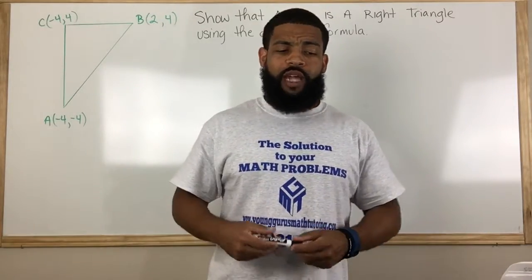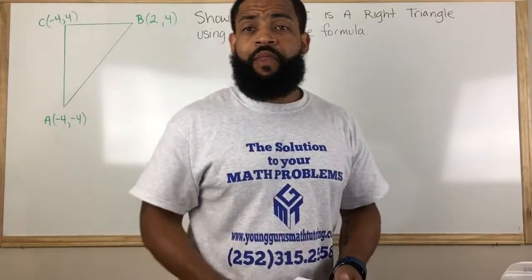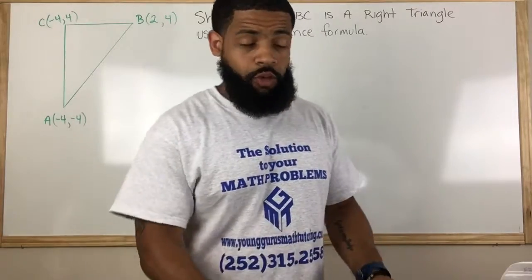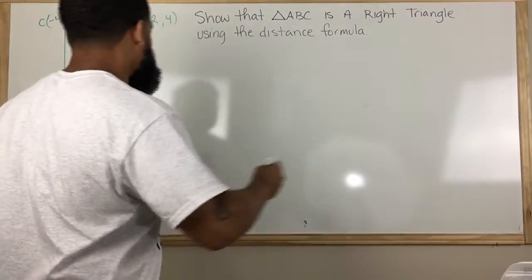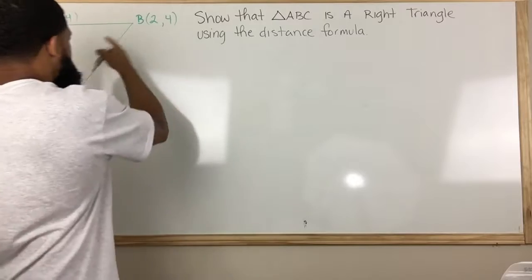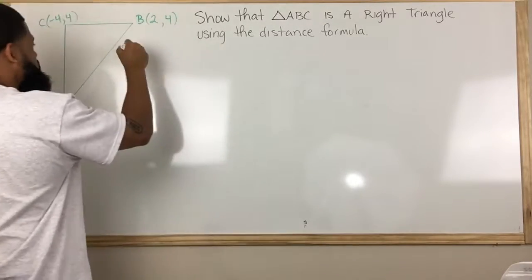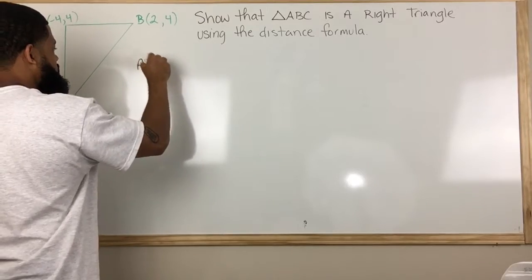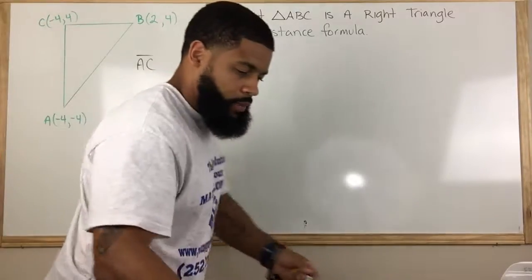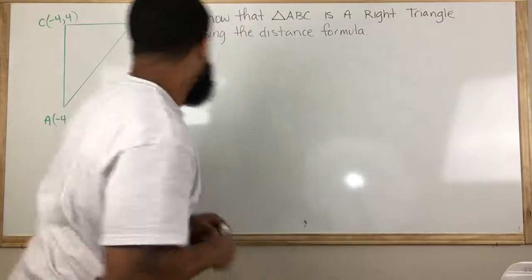So first of all, we have to actually find the lengths of the sides of this triangle. And we're going to do that simply by doing this. So let's take side AC first, all right? If we want to find the length of AC, we have to use the ordered pairs for AC.